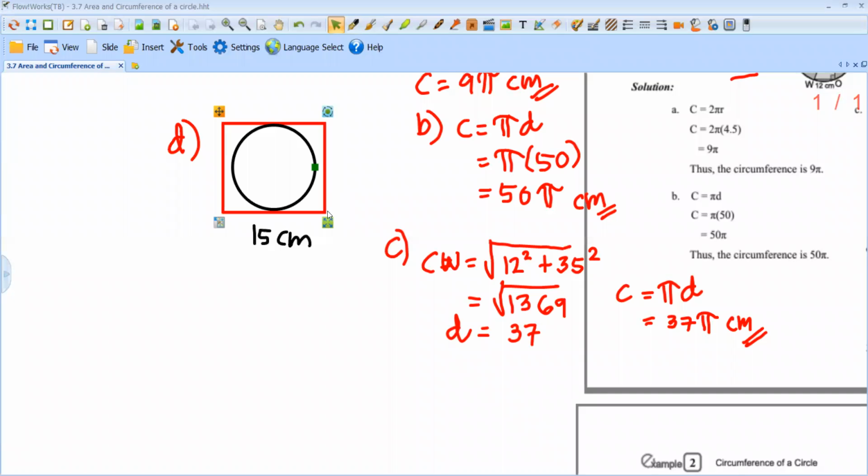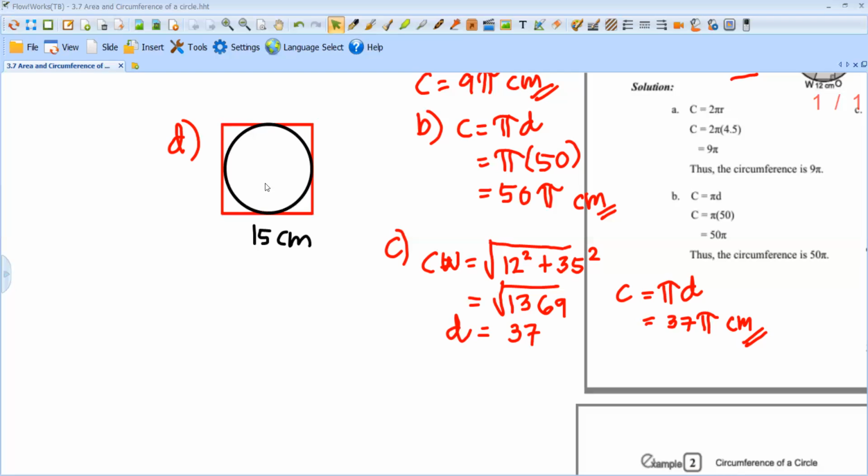So let us make this smaller, bigger. Okay, so let us assume, wait, I'll make this one a little bit. Yeah, okay. All right. So this is 15 centimeters.